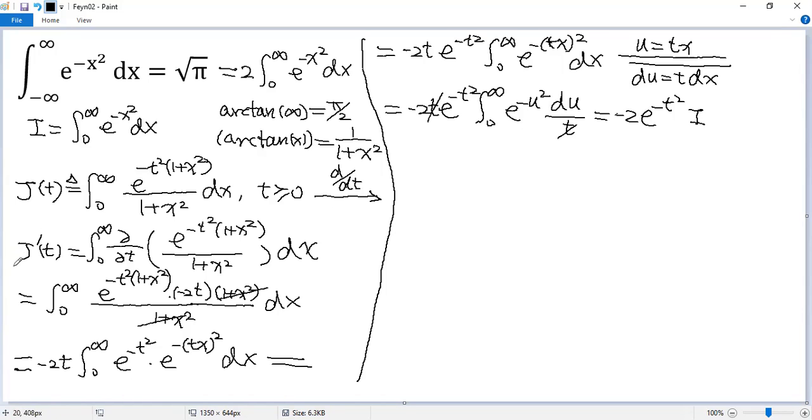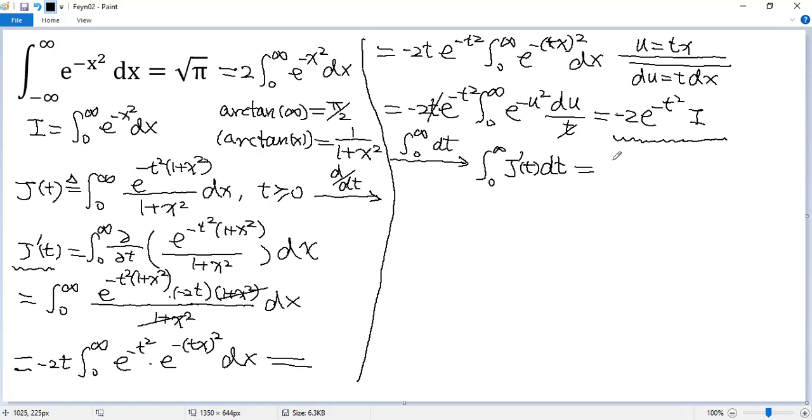So at this point, we get the derivative of J(t) equals negative 2 e to the power of negative t squared times I. The next key step would be to integrate both sides from 0 to infinity dt, right? So then the left side is the integral from 0 to infinity of J prime t dt.